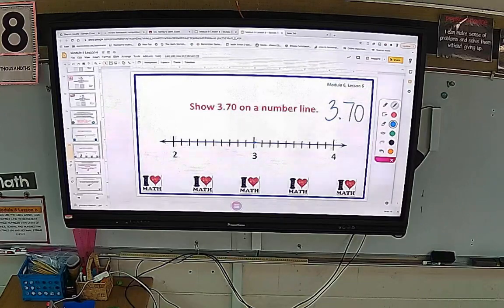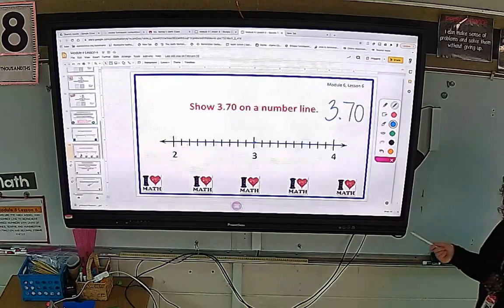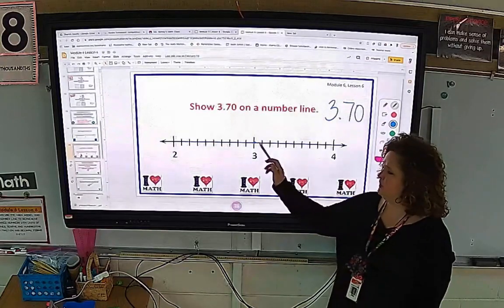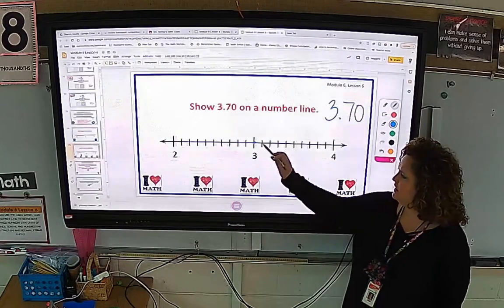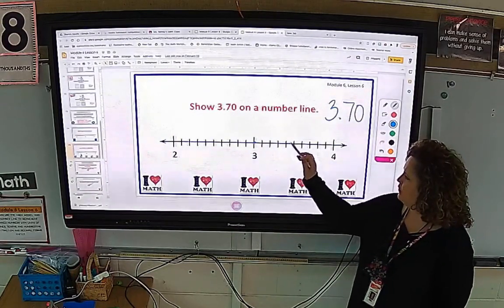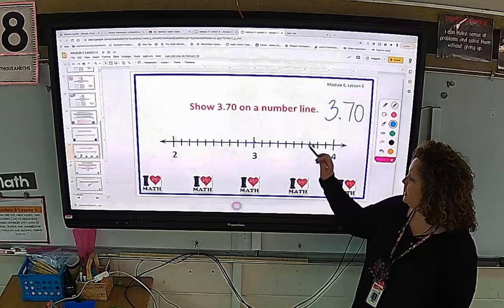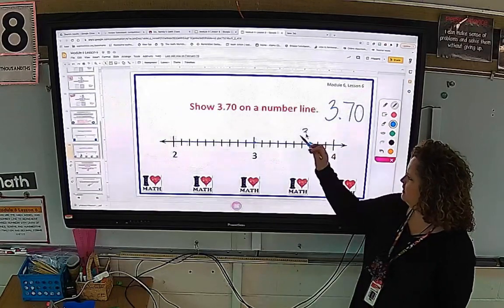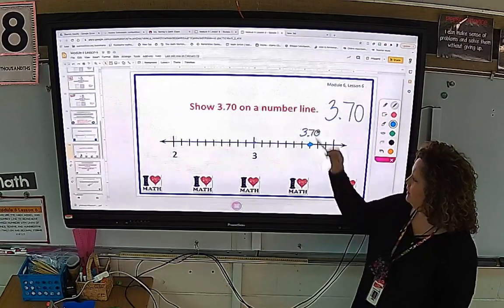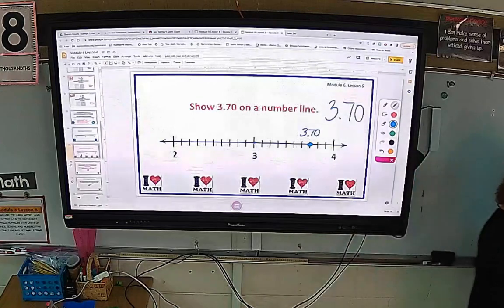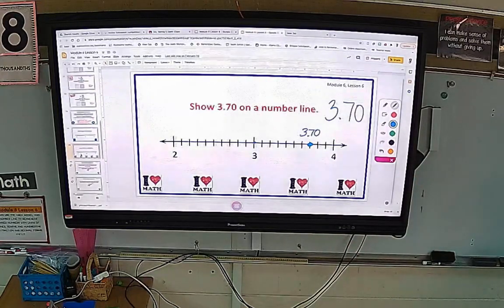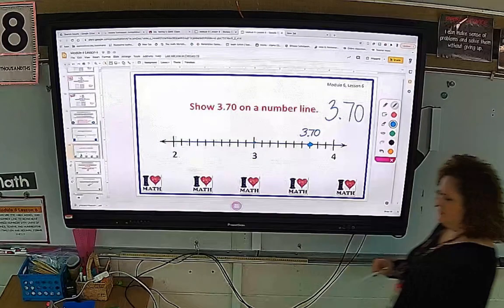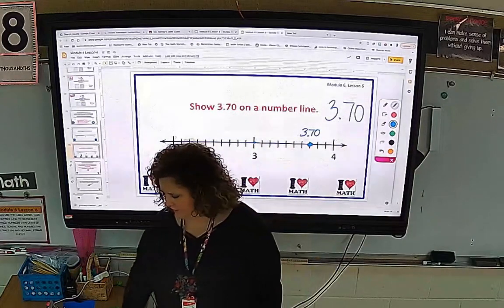Isabel, how many past the 3 are we going to go? 7. 7/10. So we get to stay right on those little tick lines. 1, 2, 3, 4, 5, 6, 7. So right here is where we're going to land. All right. So this isn't super tough. It's just knowing how it works.